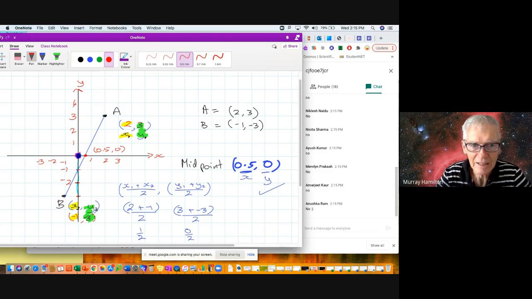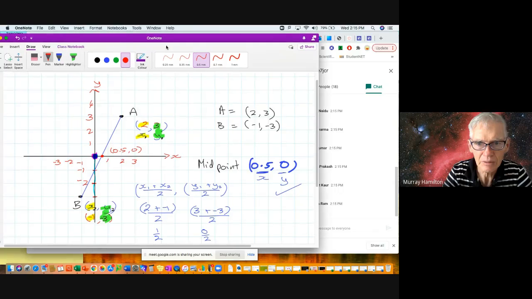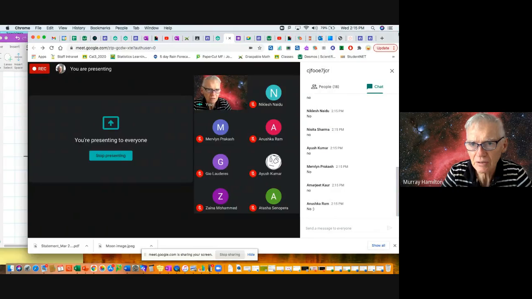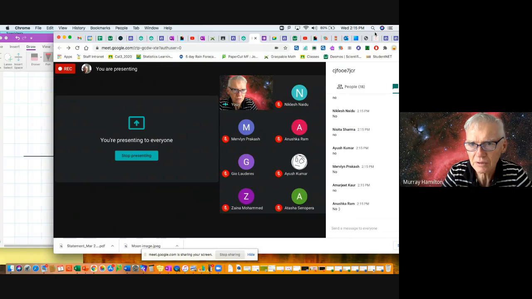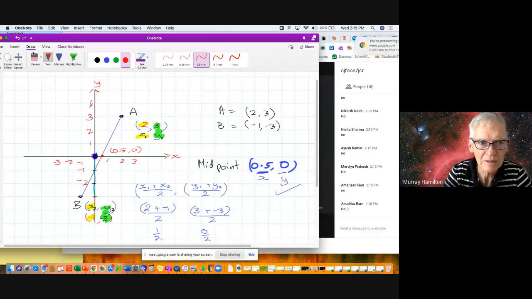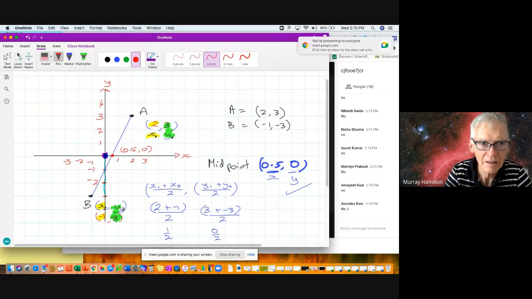Well, with that then, I'm now going to go on to the distance formula. And the distance formula uses Pythagoras' theory. So I'll shift everything over a bit more so I can see those comments. I'm just going to repeat all this here.